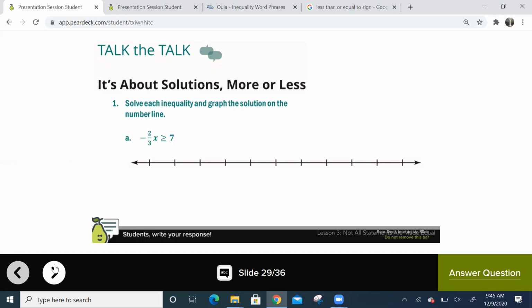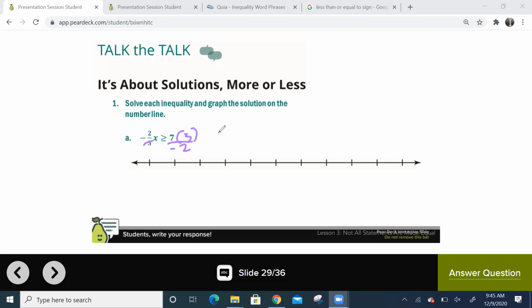So solve each inequality and graph the solution set on the number line. In this case, I'm going to graph it. You're just going to come up with the answer. Okay, so I'm going to multiply by 3 because it's being divided on this side, and I'm going to divide by -2 because it's being multiplied by -2.